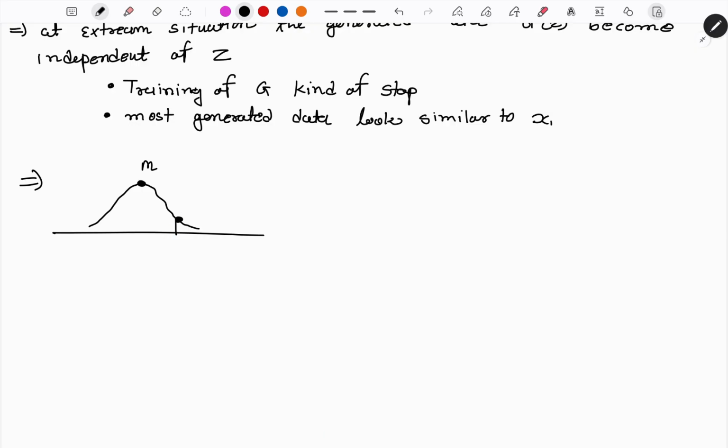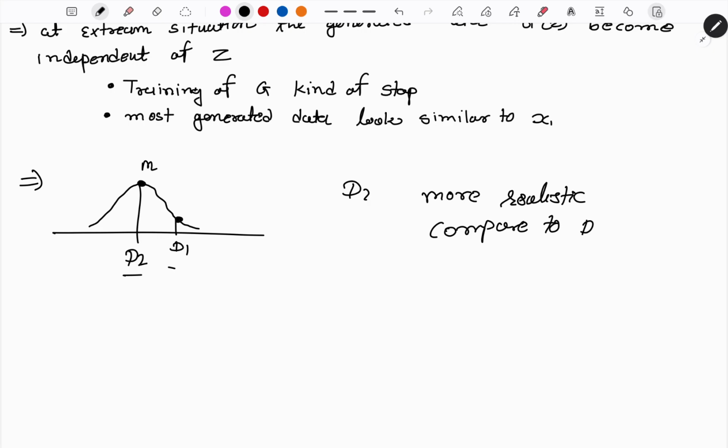If this data point is D1 and this data point is D2, then D2 is more realistic compared to D1.